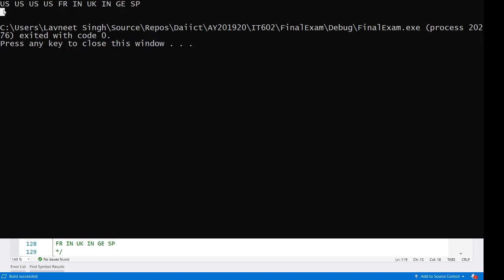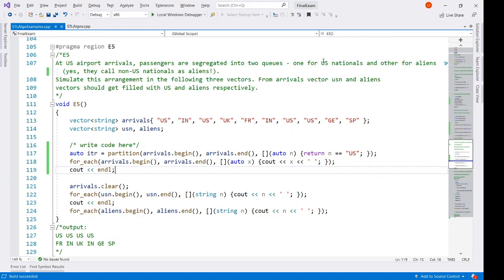So we already have arrivals begin. We will now have arrivals begin to the iterator for the US range, and for the non-US range, begin is the same point, and we already have arrivals end available to us. So by using this information, we should be able to move the elements into the respective vectors. So let's do that.